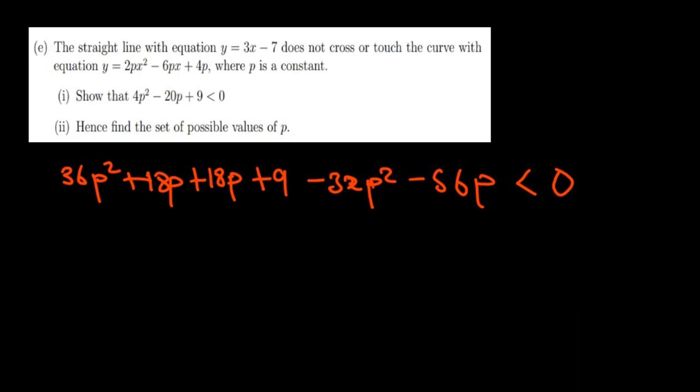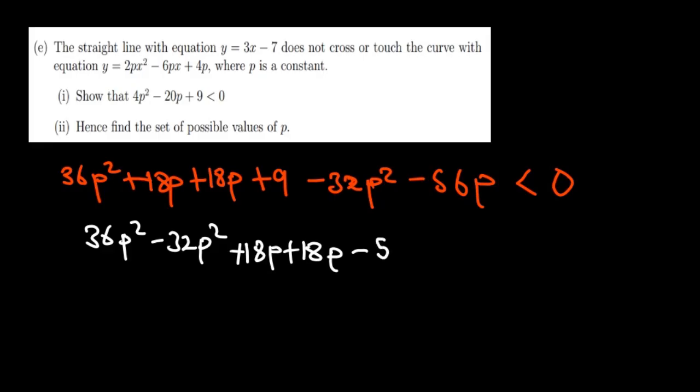Now let's simplify whatever we have there. We group the p squareds together, so it will be 36p squared minus 32p squared, and then we group the p's together, so it will be 18p plus 18p, then minus 56p. Then we group whatever does not have a p, so we only have a 9, so plus 9 is less than 0.